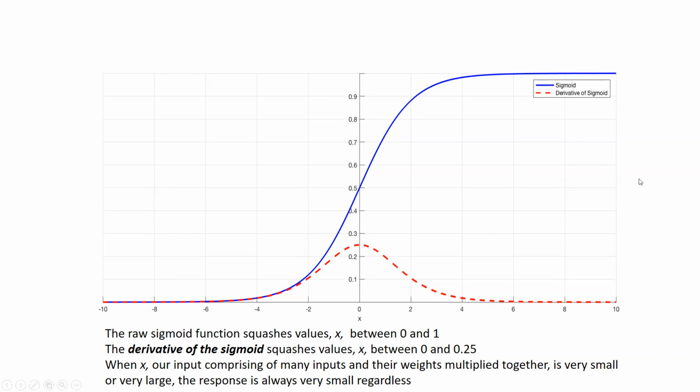But when we do back propagation, our error is coming in from the right-hand side. We send this error through this derivative of the activation function, and the resulting value is how much we want to update our weights by.